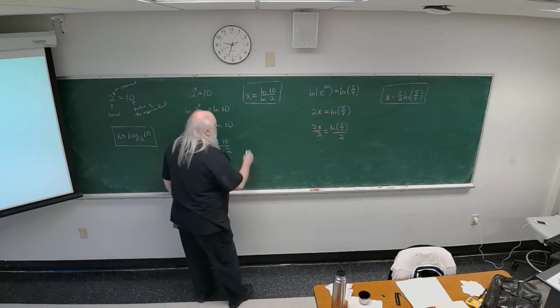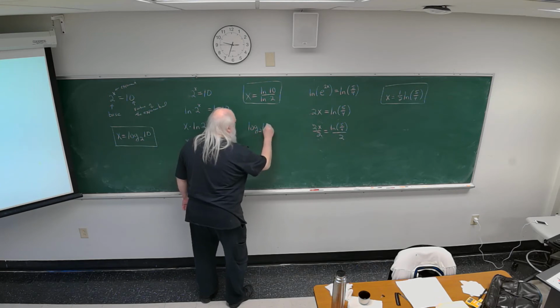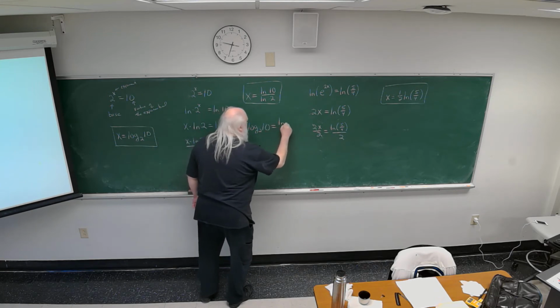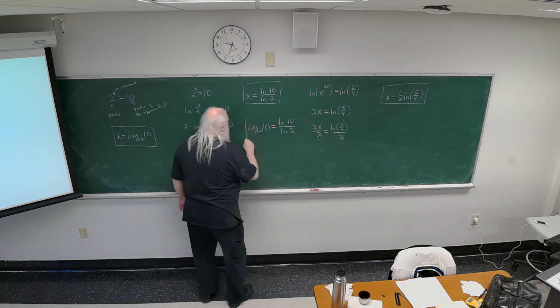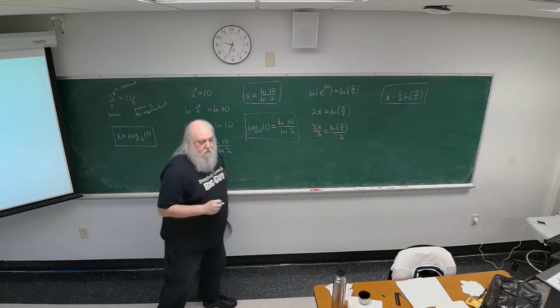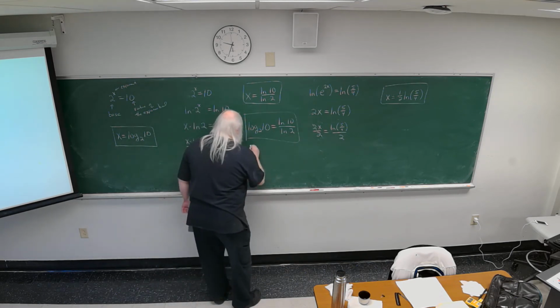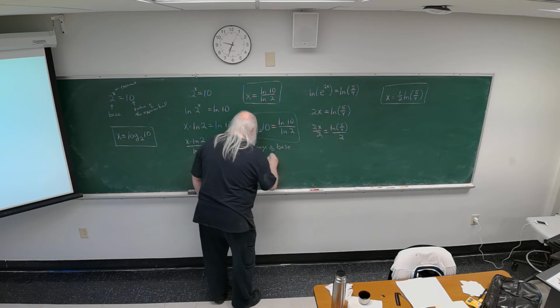We got log base 2 of 10, and we got the natural log of 10 over the natural log of 2. Those are equal, believe it or not. Okay. And this is an example of what is called the change of base formula.